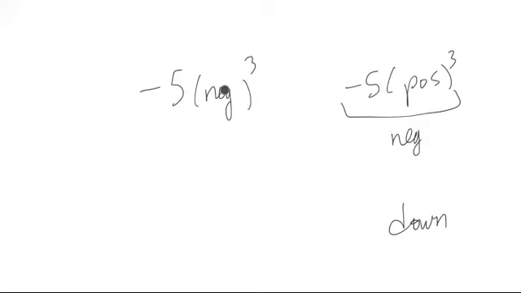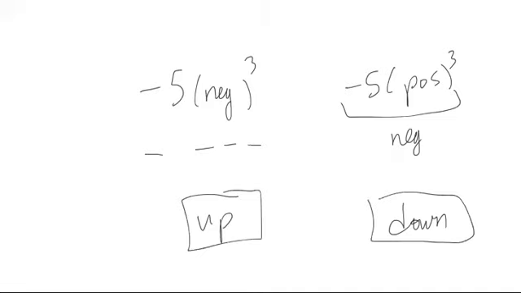Now what about on the left? Well, if you have a negative to the third power, like 3 negatives, and then you have another negative, that's going to be positive. So you're going to be up over there. So up, down. Even without knowing the graph, you should be able to detect what the end behavior is, up, down in this case.